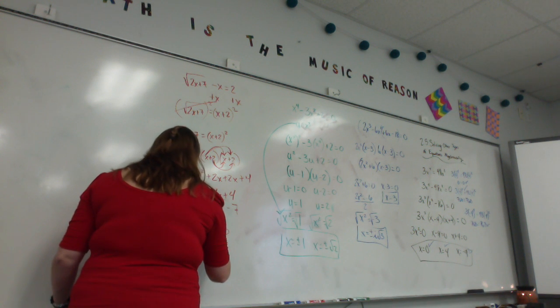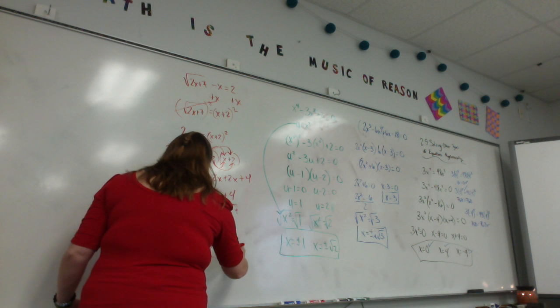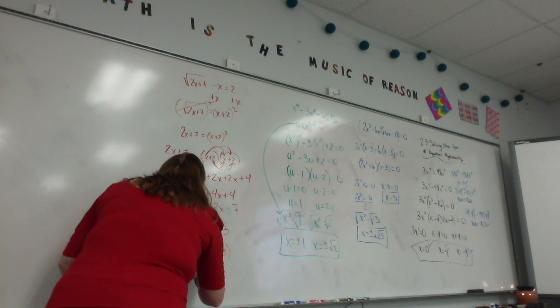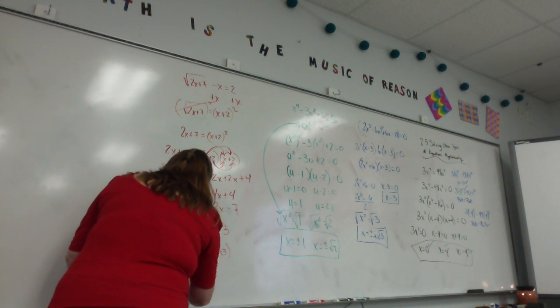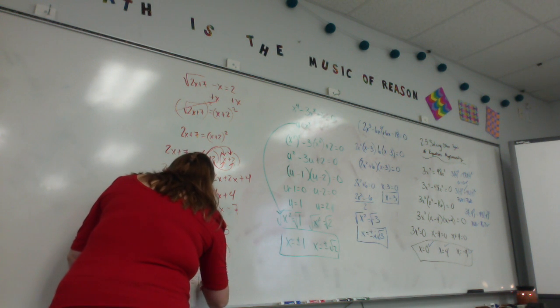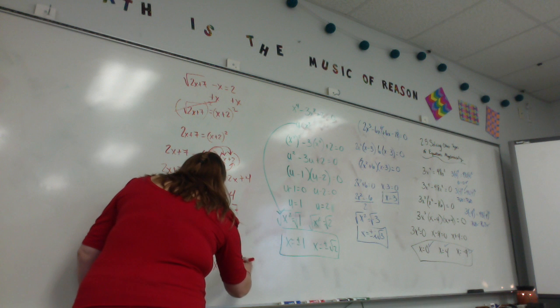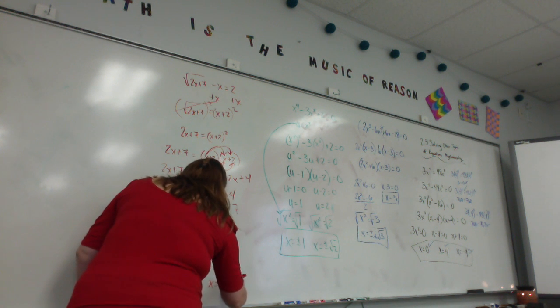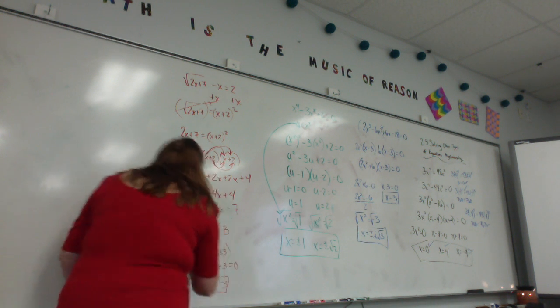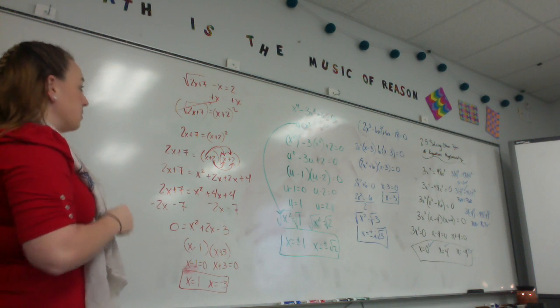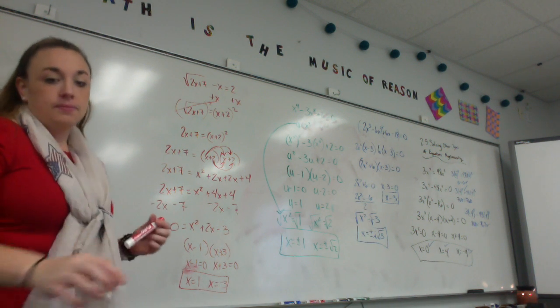Positive 3 and negative 1. So x minus 1 equals 0, so x equals 1, and x plus 3 equals 0, so x equals negative 3. Okay, those are the 4 types of problems we'll focus on tonight.